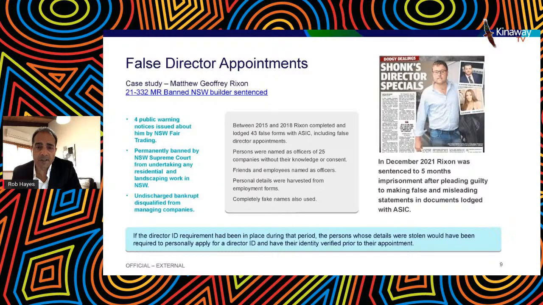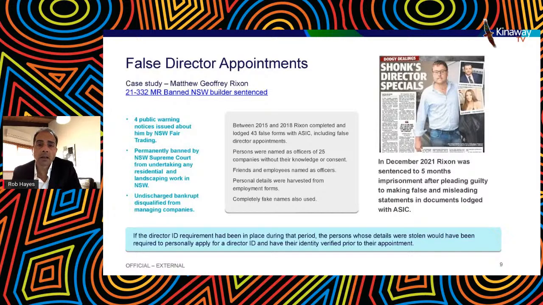Many of the officers that this individual had appointed as directors of companies did not know or did not provide their consent to their appointment. Their details had been fraudulently provided by this individual to the regulator.